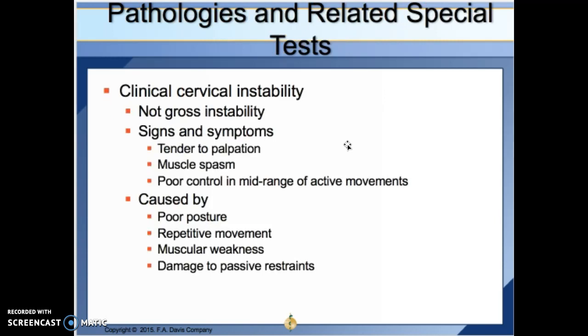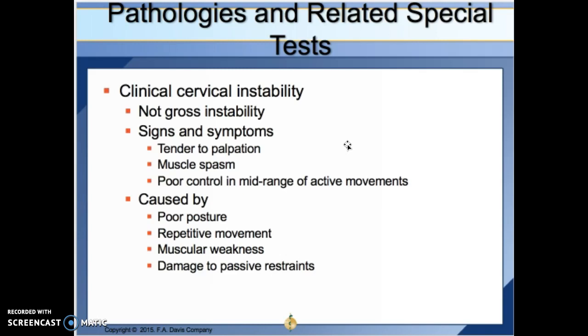Clinical cervical instability may be something that you assess in your patient. This is a little bit more of an advanced skill. It's not a gross instability. In other words, the patient is able to function normally, but at certain times they have periods of being tender to palpation, muscle spasm, and poor control of the cervical spine in the mid-range of active movements.